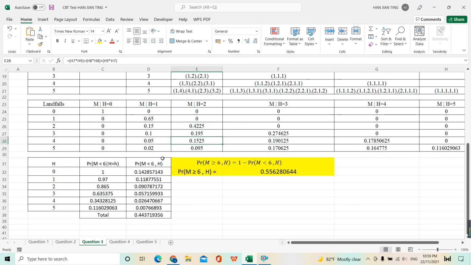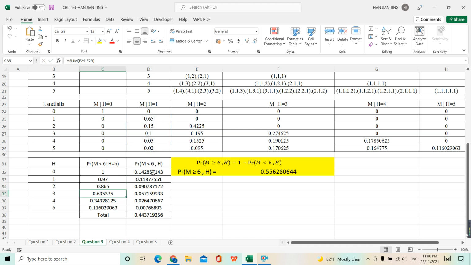Then we can get the probability of m less than 6 given h equal to each value. When h equal to 0, we sum all the landfall probabilities. And for h equal to 1, we just sum all of these up. You can find the probability of each of them.